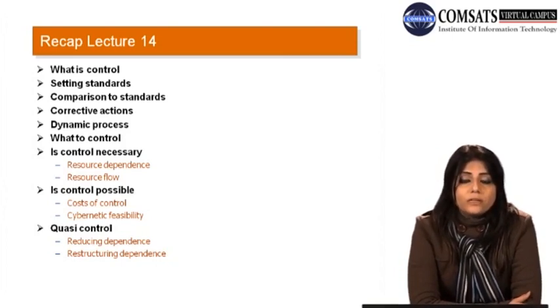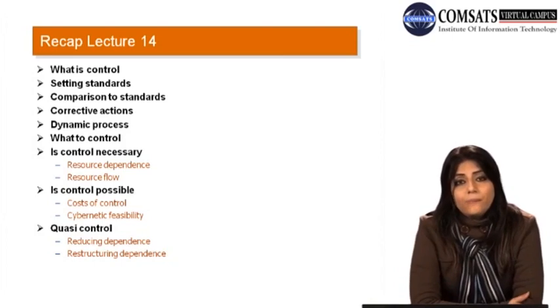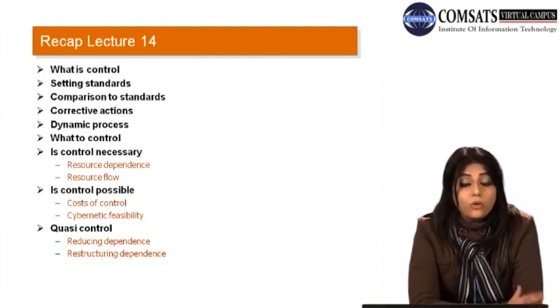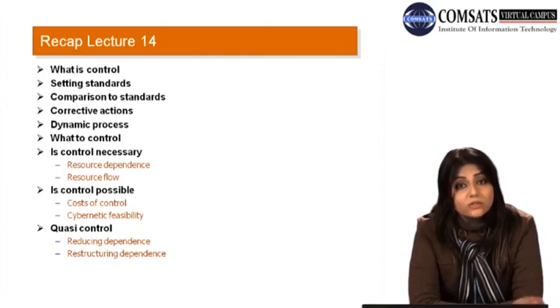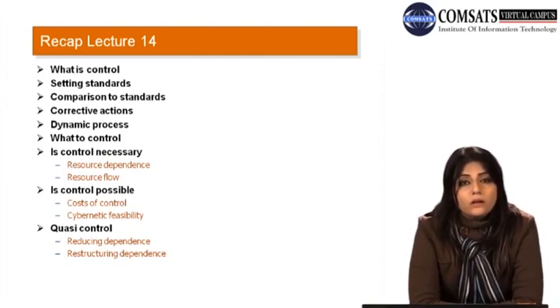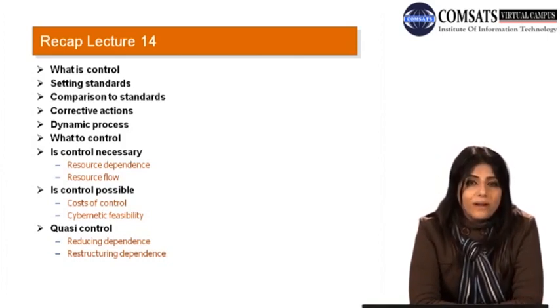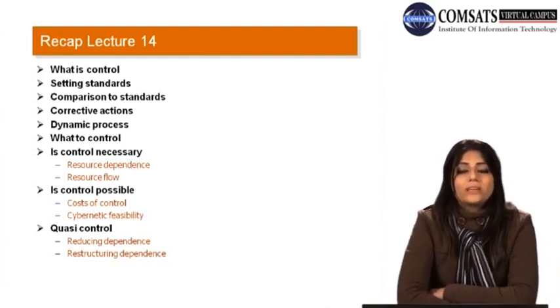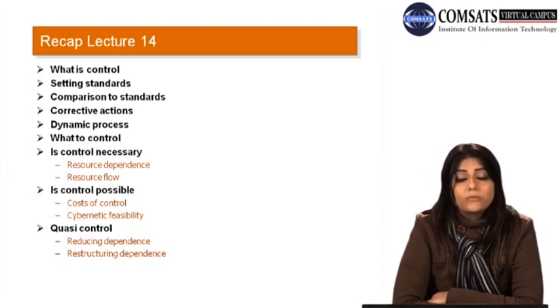Here I gave you the example of Delta Airlines, which, in an attempt to reduce its costs, ended up with poor ratings compared to other domestic airlines on timely arrivals. So I gave you a detailed example to elaborate on why control might be difficult in certain cases. Of course control is possible, but it might be costly, and then it may not be very feasible for the company to exercise control when the costs are greater than the benefits of control.